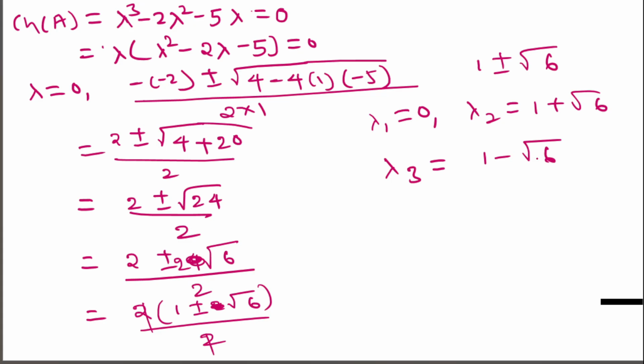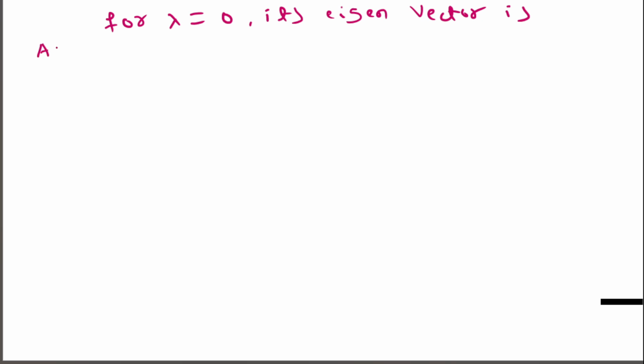Here we have to find its eigenvector. I will do one for lambda equal to 0, to show how to find its eigenvector. For lambda equal to 0, the eigenvector: subtract the given matrix by lambda times the identity along the diagonal, that is (A minus lambda I) into x equal to 0.